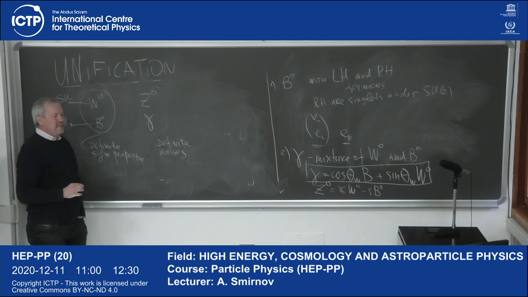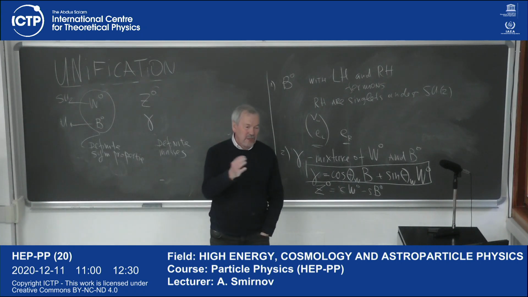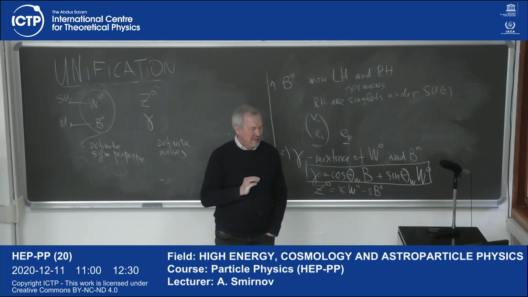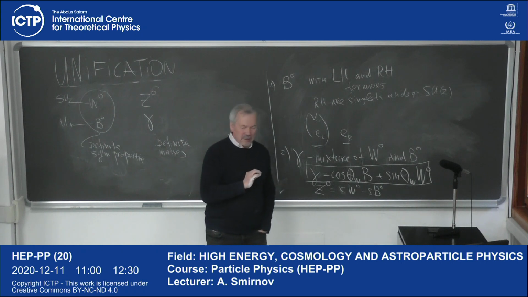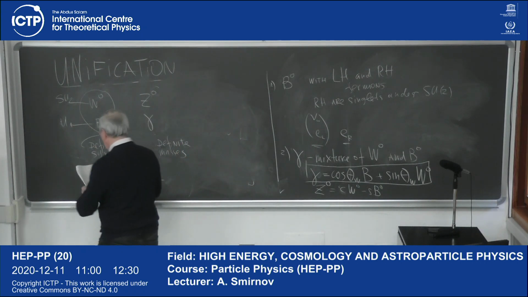Those have definite masses. And mixing is when we mix particles with different properties. So the photon has a component with non-trivial isospin and isospin 0, and the same is Z0. They are orthogonal combinations. Now the masses of Z0.